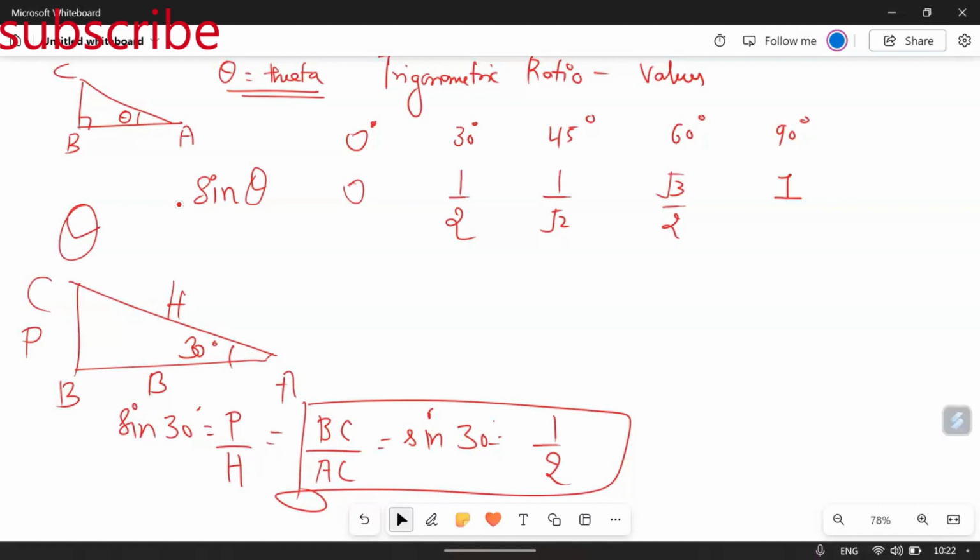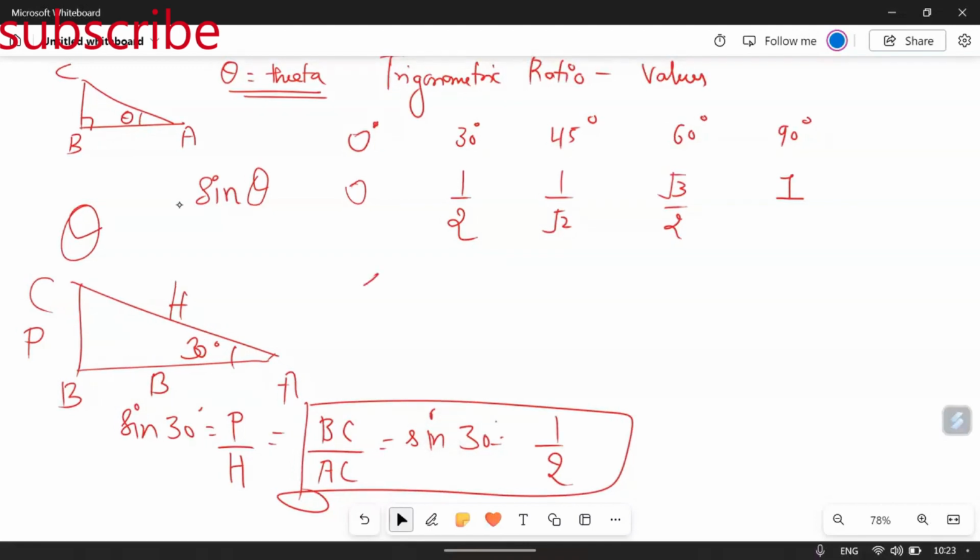Okay, sometimes students get confused how to remember these values, so I'm going to give you a trick. First write down 0, 1, 2, 3, 4, then divide all by 4, and take the root.